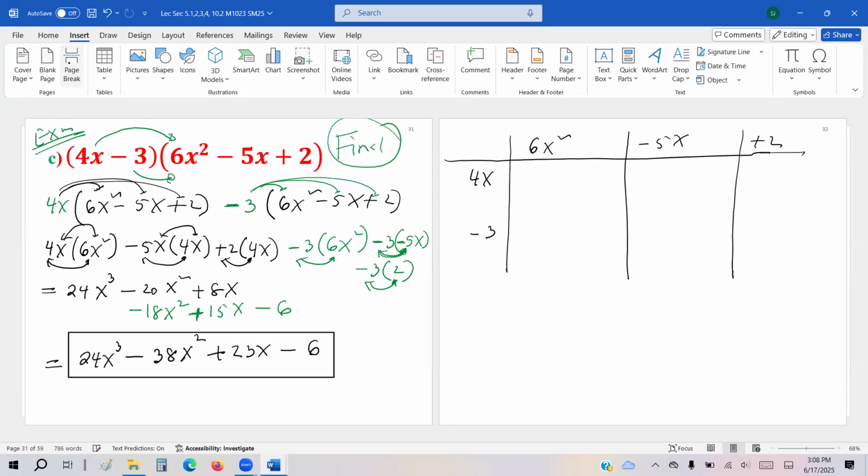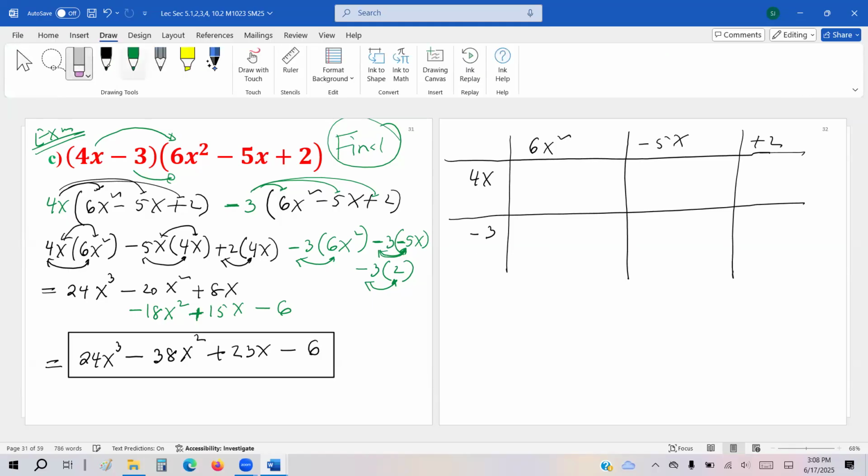You put them inside boxes, and then you multiply them individually. For example, multiply this and this. So 4 times 6 is 24, x times x squared is x cubed. Negative 3 times 6 is negative 18, and there is only one x squared, so x squared.